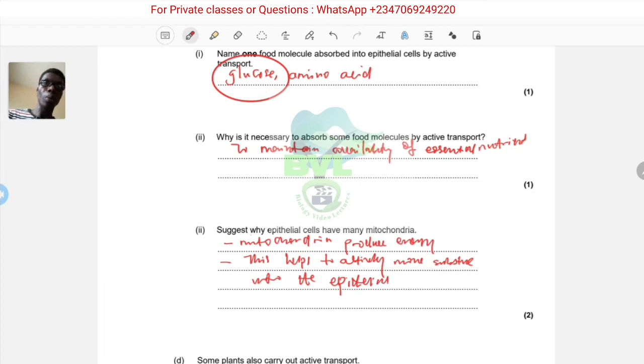All right, so the point is, it's needed to do that. So it provides energy. For that reason, mitochondria provides the energy that is needed for the substances to move in, so to say. All right.